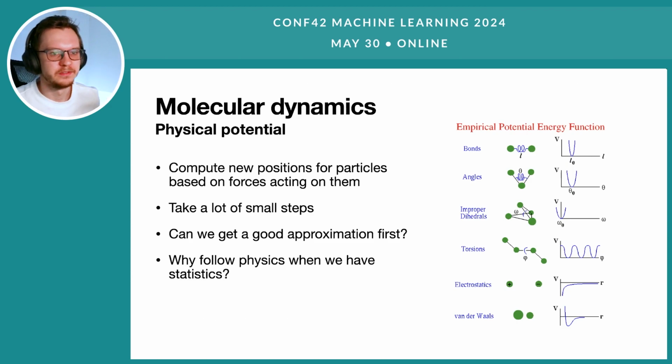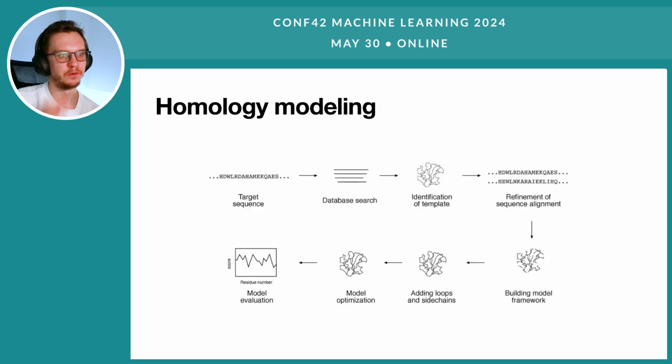With the methods using physics-based simulation, we are struggling to obtain a good first representation, because to achieve a low energy state, we have to spend a lot of iterations. So maybe we can achieve a good first structure and then take it from there to speed up the whole process. And for that, we can use homology modeling.